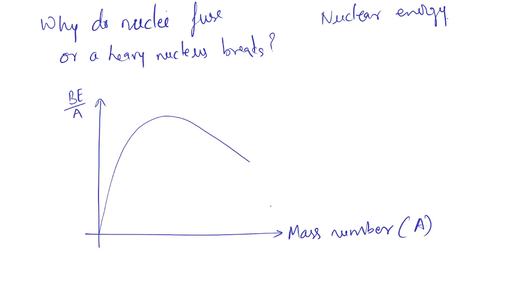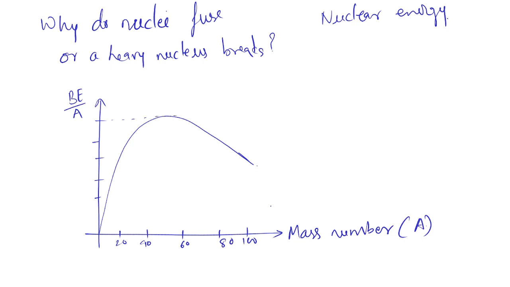Now this graph is not clear, and let me put some numbers here. So let's say this is 20, 40, 60, 80, etc. Right? 100, and it can go on and on up to the last element. Here, this is the binding energy per nucleon on y-axis, and we will get the maximum binding energy somewhere here.